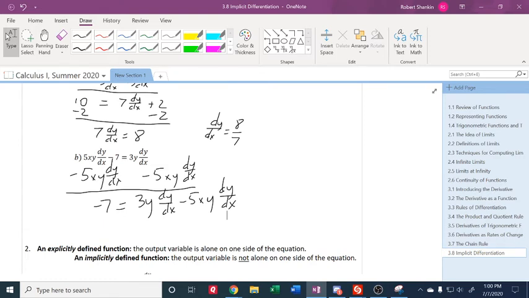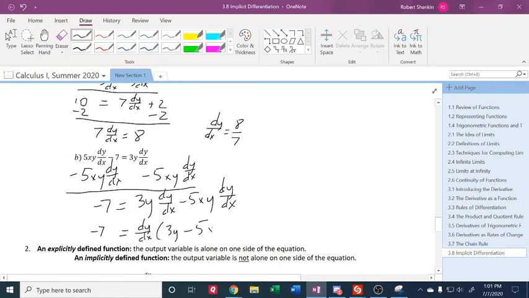Now notice the 2 terms on the right hand side also have a y in common. But I don't care about that. I'm trying to solve for dy dx, so I'm just factoring out the thing I'm trying to solve for. So I'm going to put minus 7 equals dy dx times 3y minus 5xy.